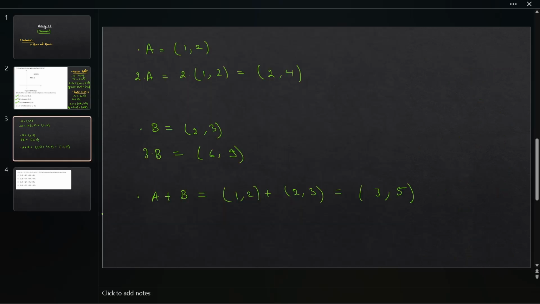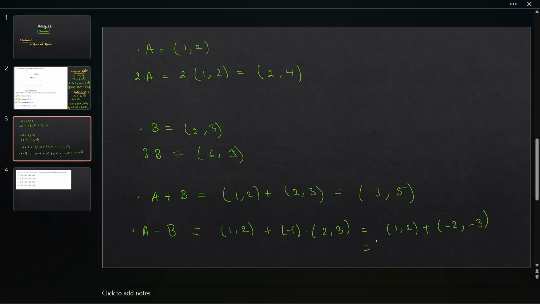In the last option, we are asked the value of a minus b. If we look closely, it is just 1, 2 plus minus 1 times b, that is 2, 3. We know how scalar multiplication works, so the first vector remains 1, 2, but the second becomes minus 2, minus 3.